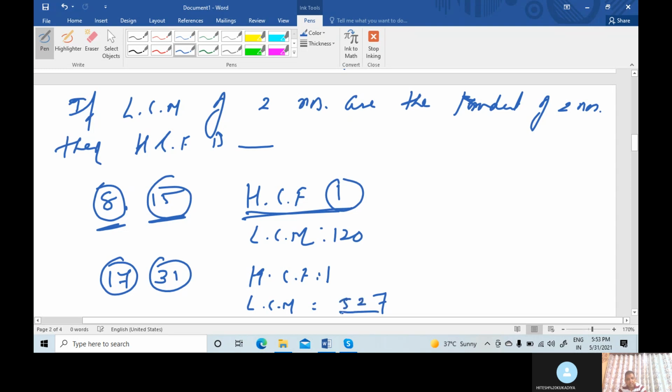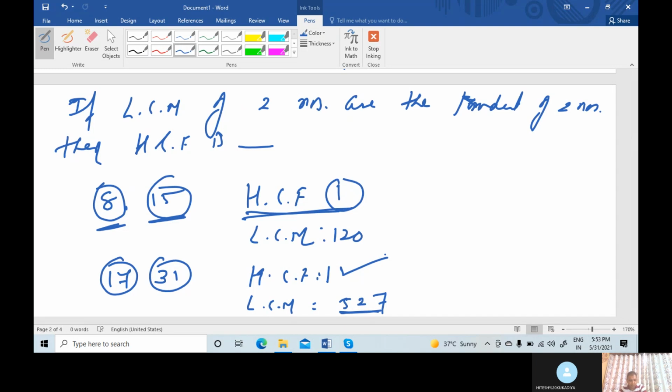So our concept is: when LCM is the product of two numbers, HCF is always 1. Is that clear? So we discussed two MCQs.